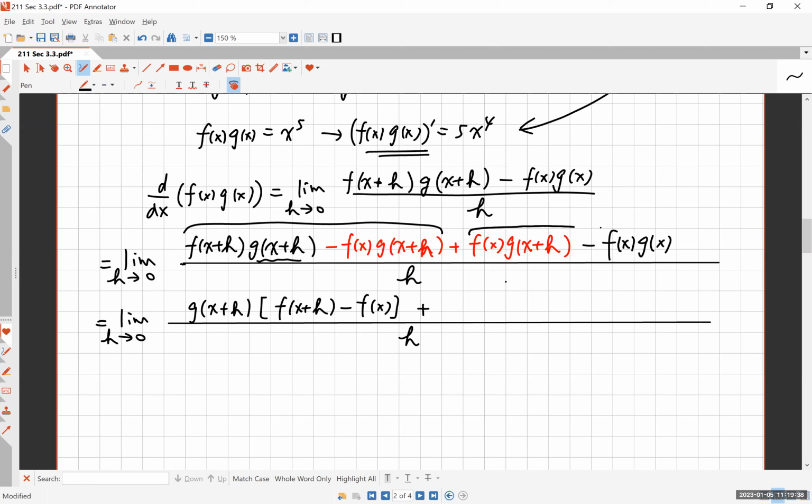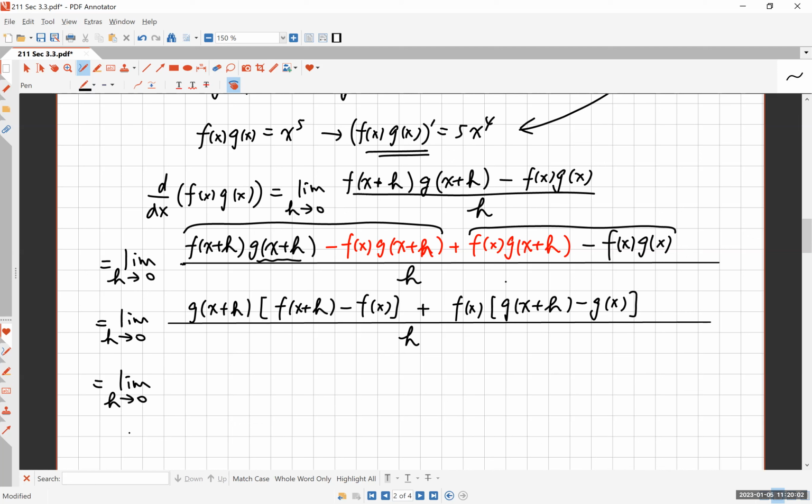Plus, now we are going to focus on these last two terms. Notice here f of x is a common factor, and so that's going to be g of x plus h minus g of x. So that's how we can manipulate and factor things out.